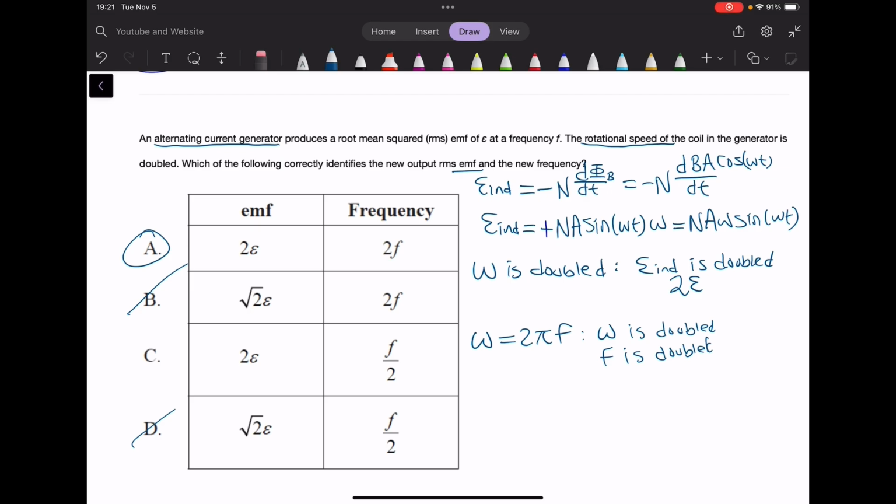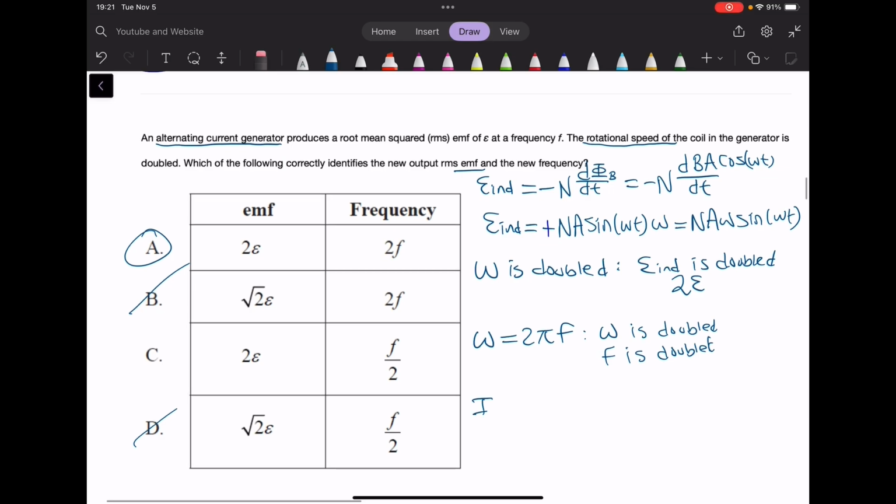The takeaway of this problem is to know induced voltage is directly proportional to rotational speed.